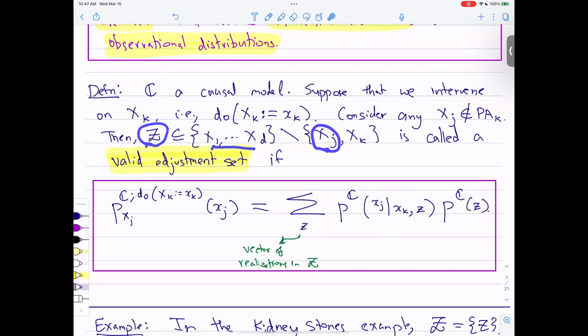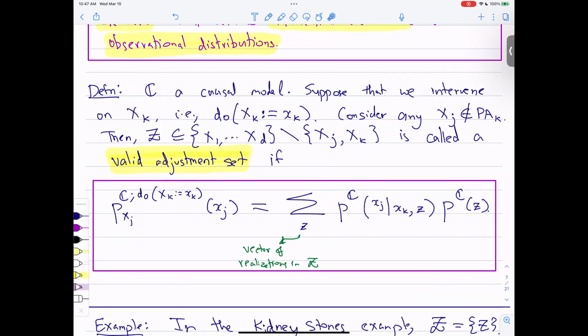This is where you are doing the intervention, this is where you are observing. Okay. So in our example before, xk was the treatment and xj was R, recovery. Okay. Then z is any other set of nodes. Here z was just the kidney stone size in the example before.